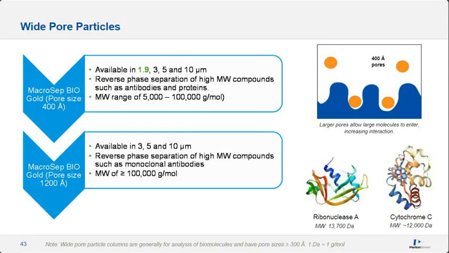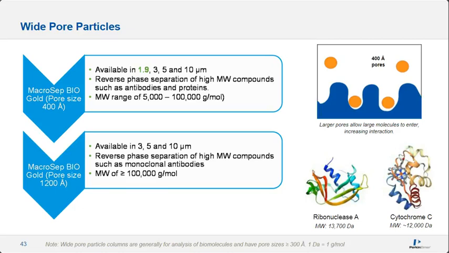Wider pore particles are available in sub 2 micron, 3, 5, and 10 micron particle sizes. They are utilized for molecular weight ranges from 5,000 to 100,000 molecular weight, and in that case, the 400 angstrom pore particle would be ideal.